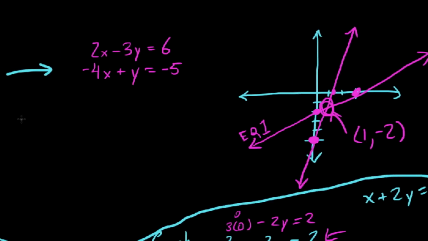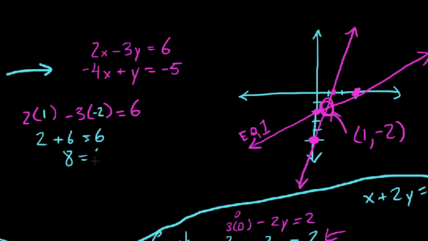So we're going to plug this back into the first equation first. We get 2 times x minus 3 times y is 6. We're plugging in 1 comma negative 2. So we get 2 plus 6 equals 6. 8 equals 6. And that is definitely not true. So (1, -2) is not, I repeat, not a solution to this system.